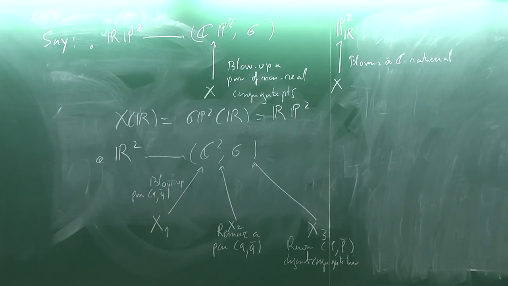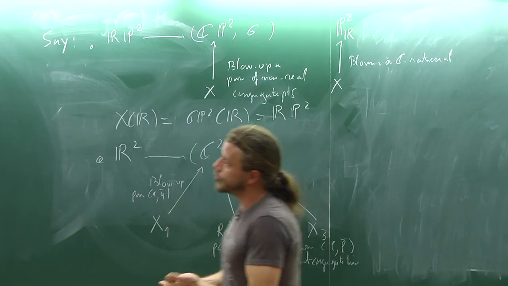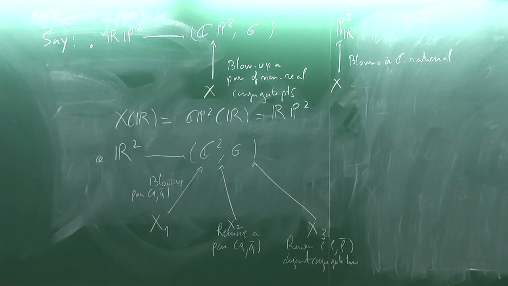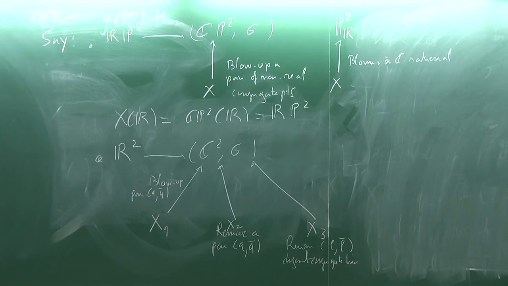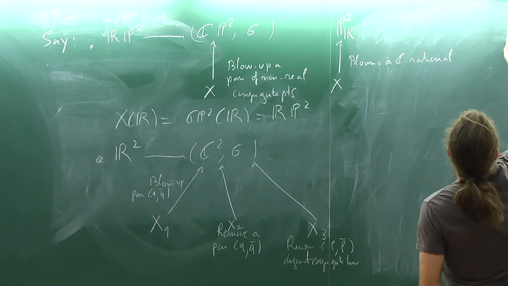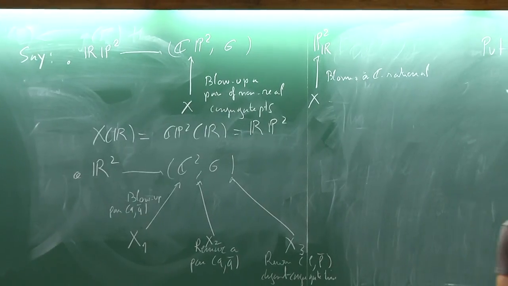Okay, so what you see from this kind of consideration is that if you want to classify real algebraic models of a given infinity manifold, you have to impose some condition, right? Because otherwise, there are too many of them to get a reasonable class. So the idea is to put topological constraints on the models.